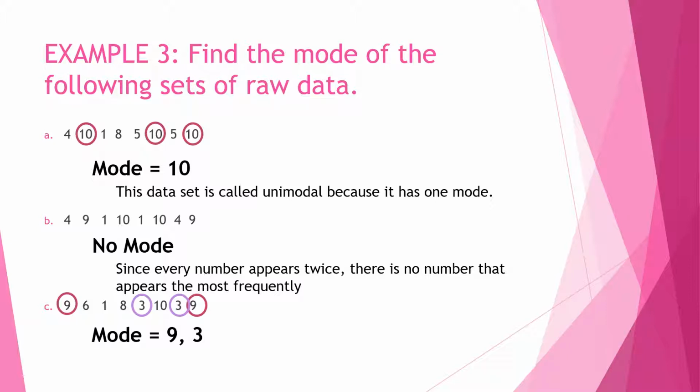I'm pretty sure that's how they want you to do it on the homework. Make sure you read the directions carefully, so you'll know how to write it. And it says this data set is called bimodal because it has 2 modes. If they have 3 or more modes, they usually just call that multimodal.